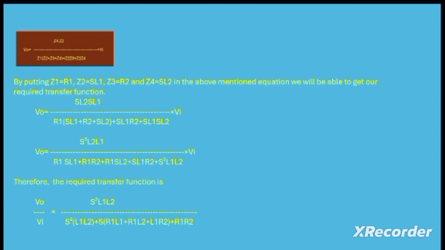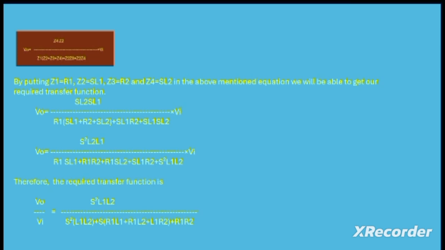Now, in order to find the transfer function of the second order RL circuit, we will simply substitute the values in the above mentioned equation.